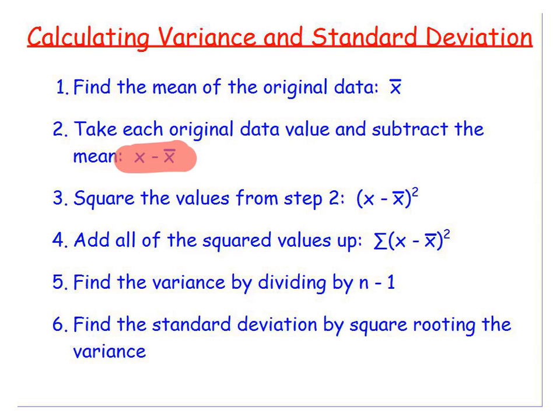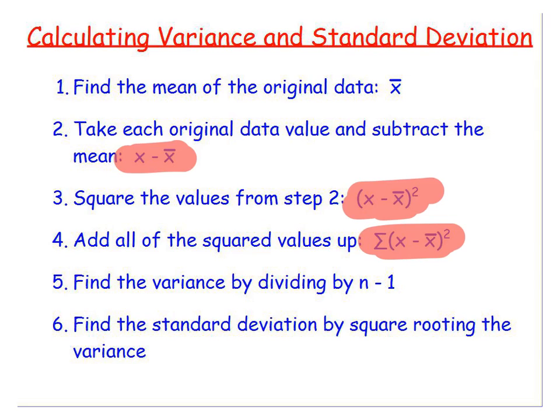Then, whatever answer you get from step 2, you're simply going to square those values. What squaring does, by the way, it takes away the negatives. Then, once you've squared all of those numbers, you're simply going to add them all up. Because remember that little sum symbol, he means sum.